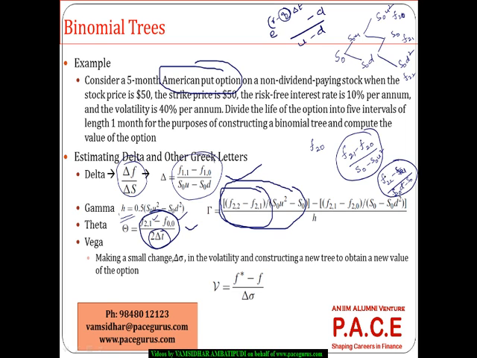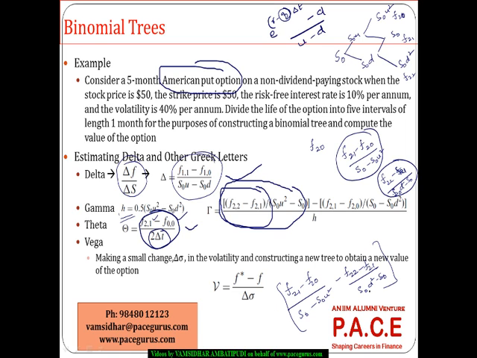I am interested in again the change in the delta. The percentage change in delta is what I am looking at, right? This is one delta, this is the other delta. So it's actually coming out as F21 minus F20 by S naught minus S naught u squared minus F22 minus F21 divided by S naught d squared minus S naught.